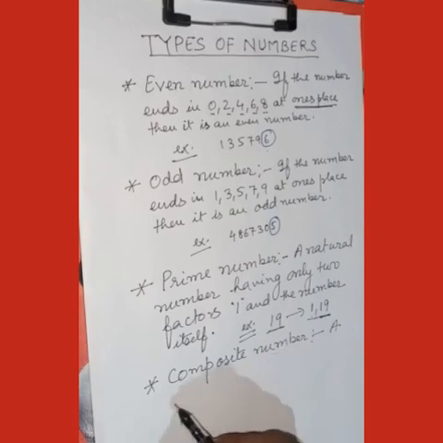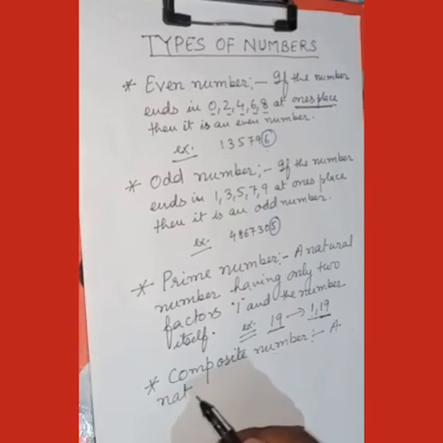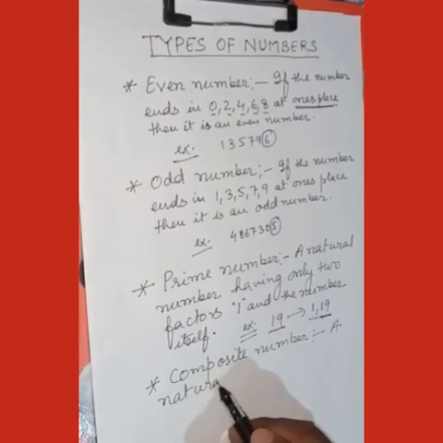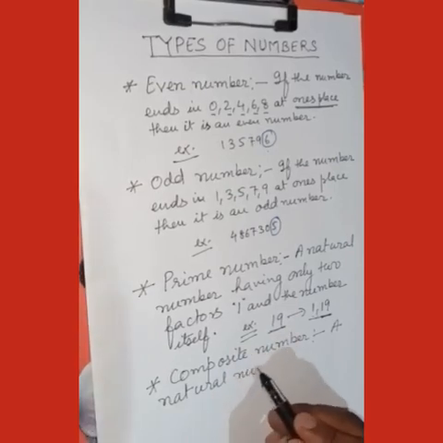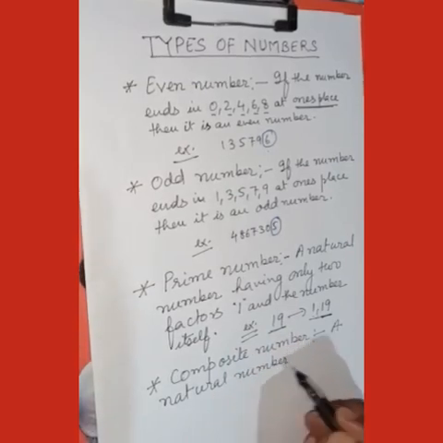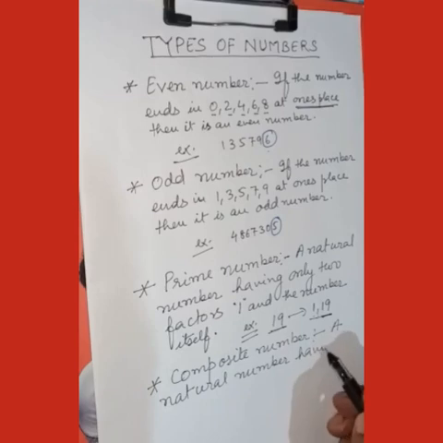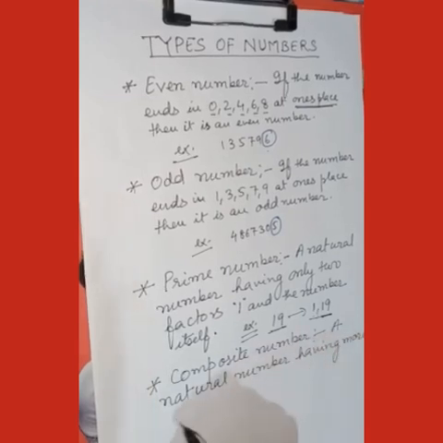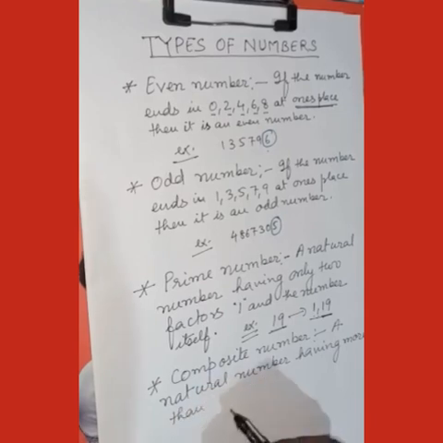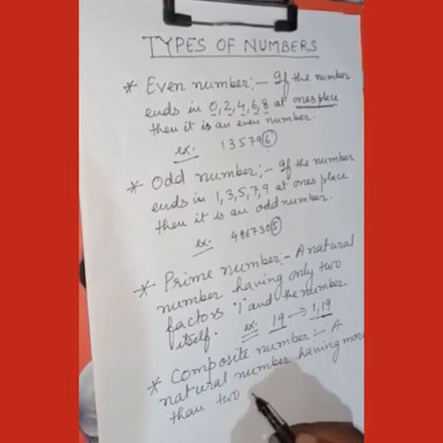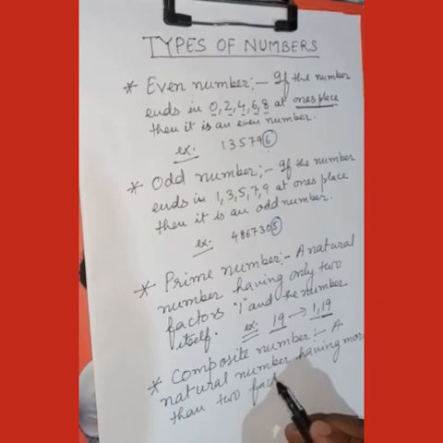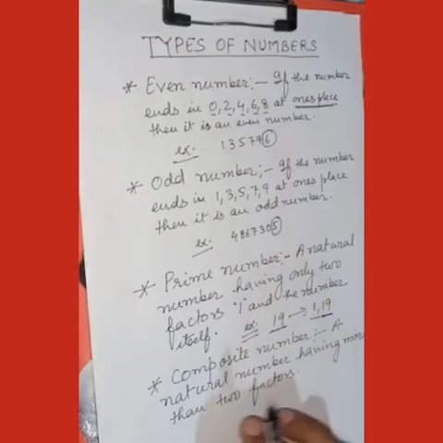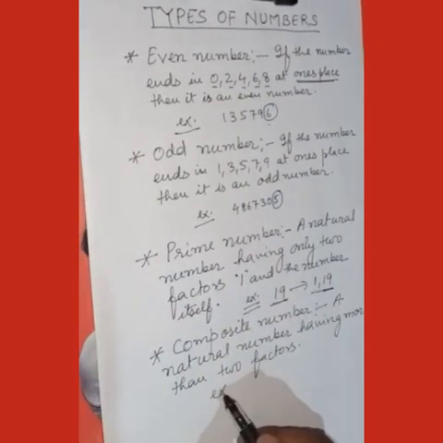Okay student, a natural number having more than 2 factors, okay student.